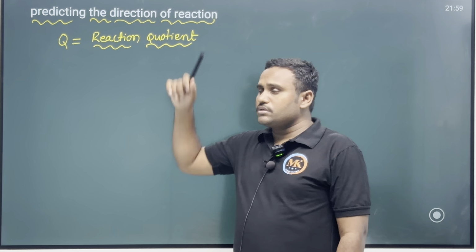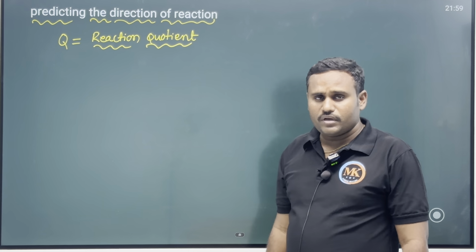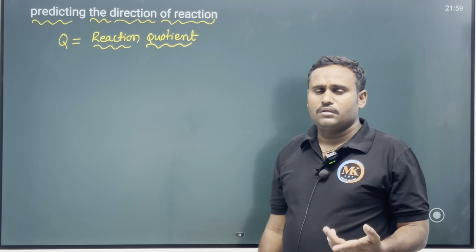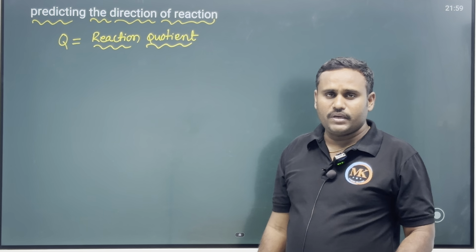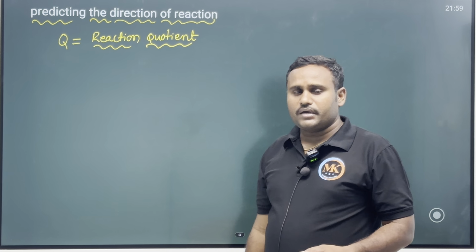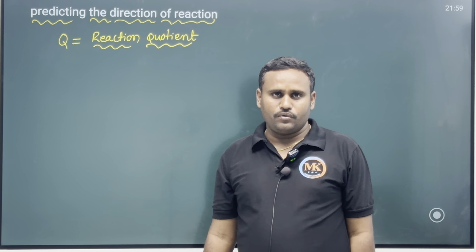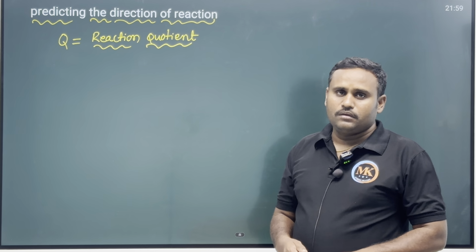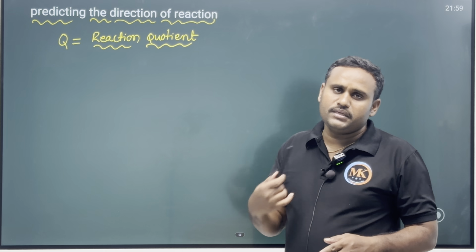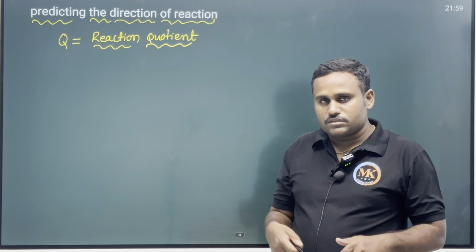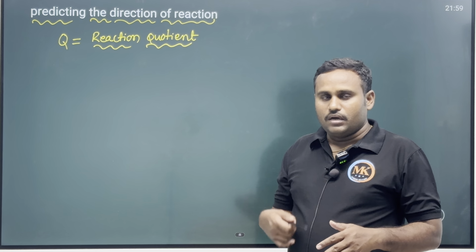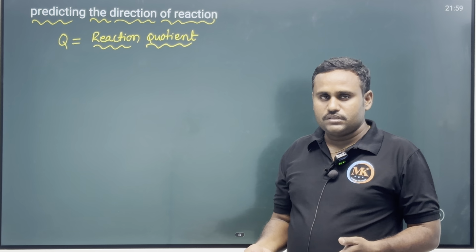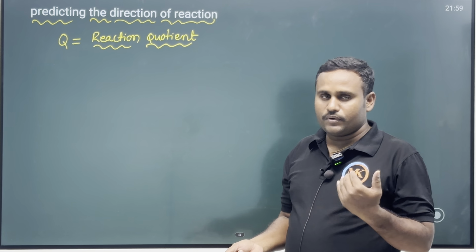And what is the meaning of reaction quotient? The same meaning: the concentration of products by the concentration of reactants raised to their stoichiometric coefficients. But we can write it at any stage, at the starting stage or at the equilibrium state, or if you start with products.